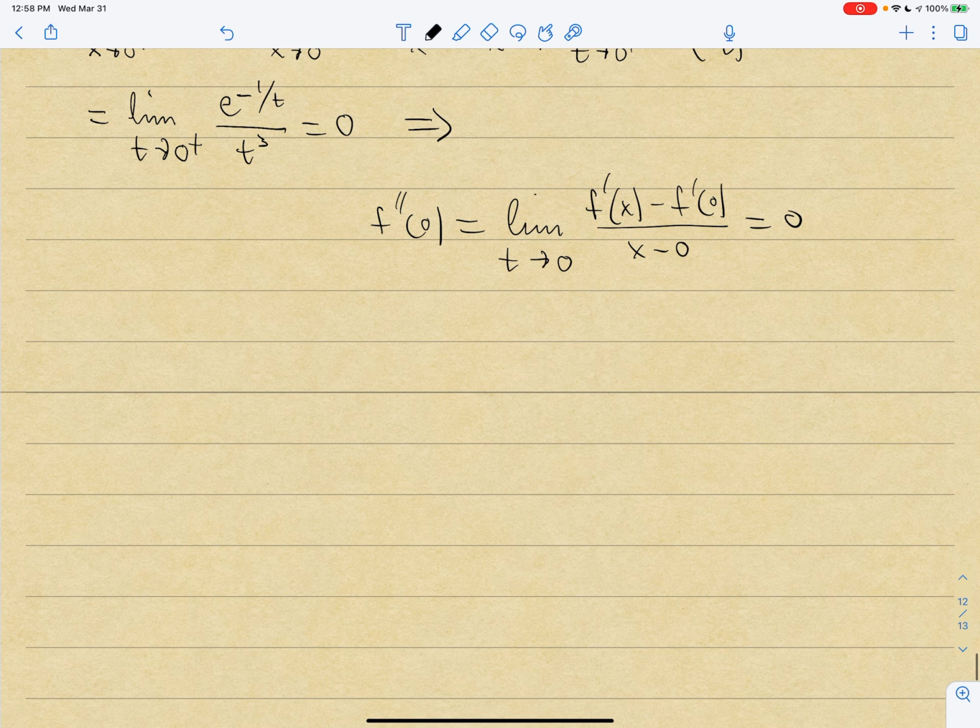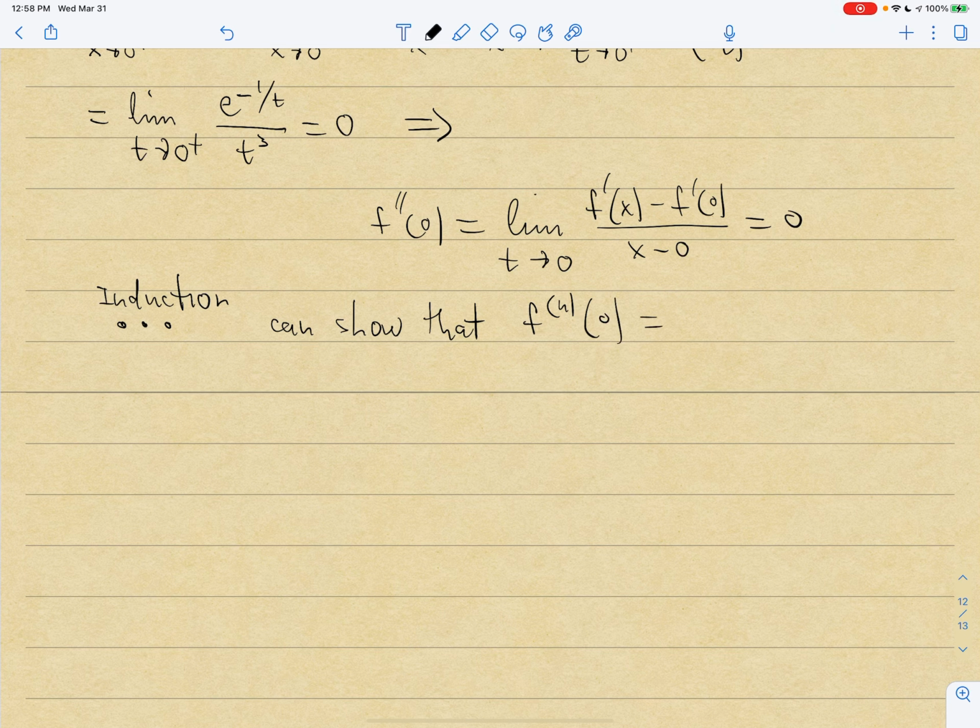All right, so now I'm going to write dot, dot, dot. You can check the book for additional details of the next step, but then by using induction, we can show that f nth of 0 is equal to 0 for any n.